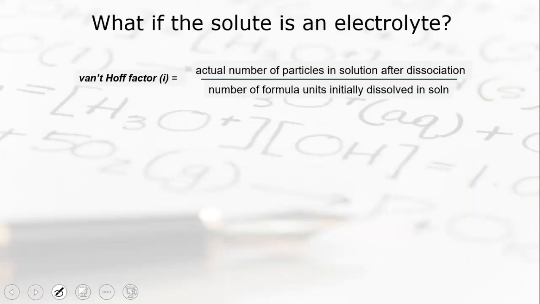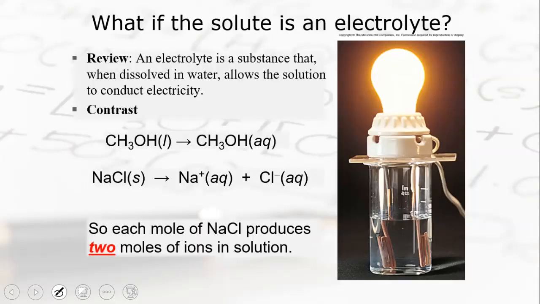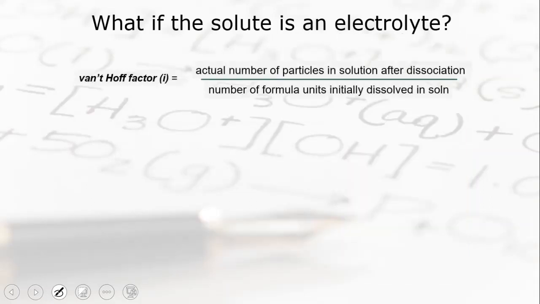This would be the actual number of particles in solution after they've dissociated, divided by the number of formula units that were initially dissolved. For example, we said 1 unit of NaCl gives me 2. So presumably the Van Hoff factor would be 2 particles for every formula unit. That'd be 2. And we use the small letter i to represent it.